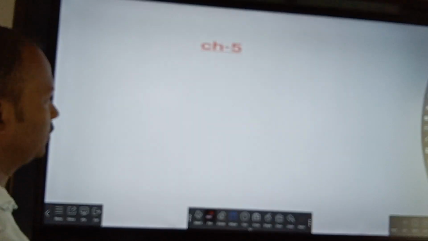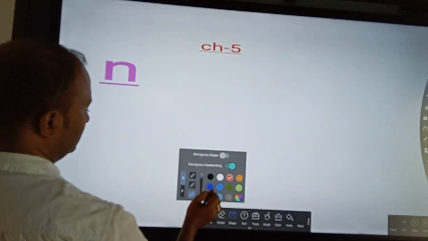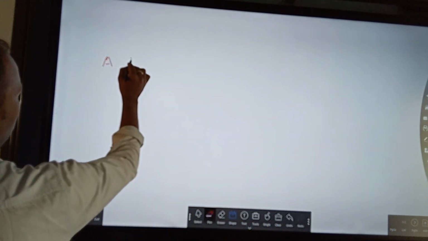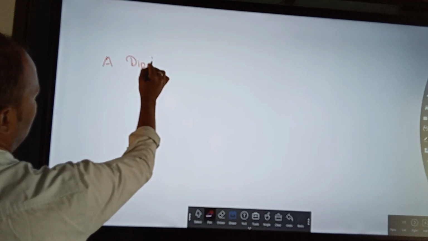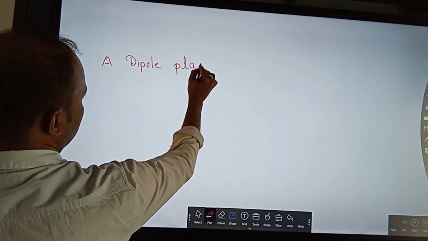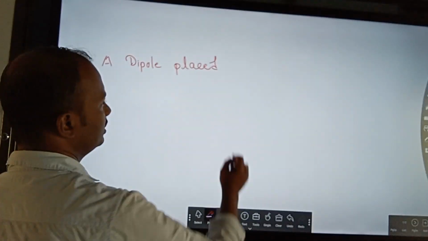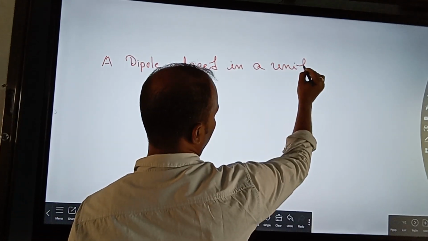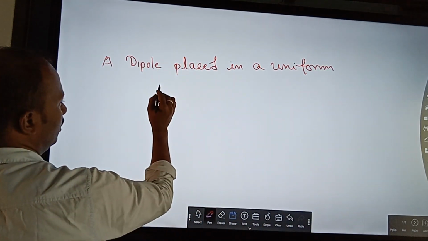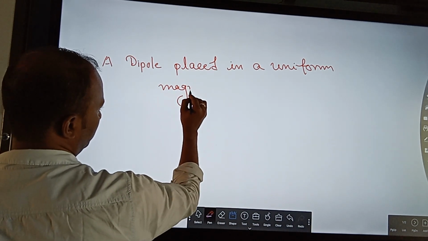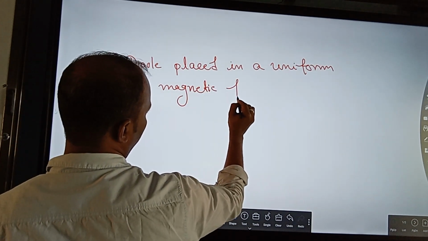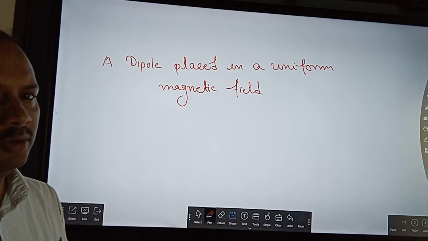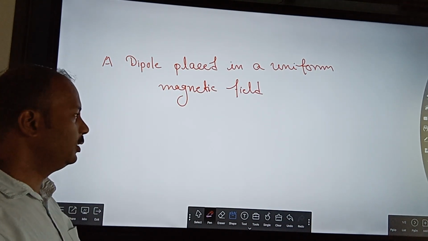So the topic is a dipole placed in a uniform magnetic field.